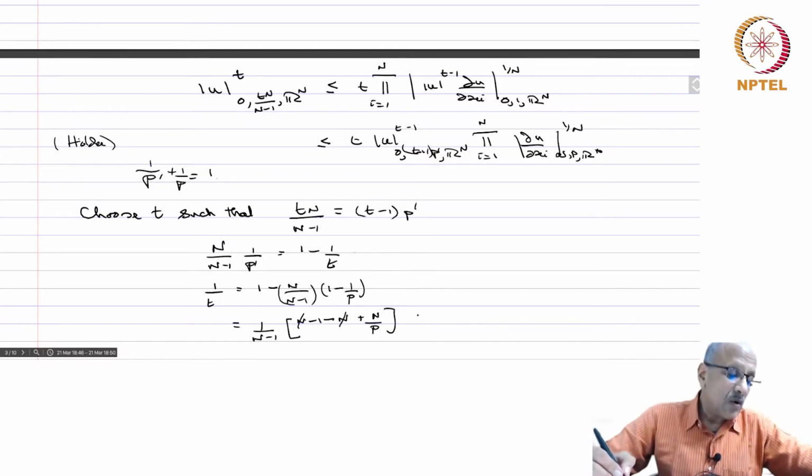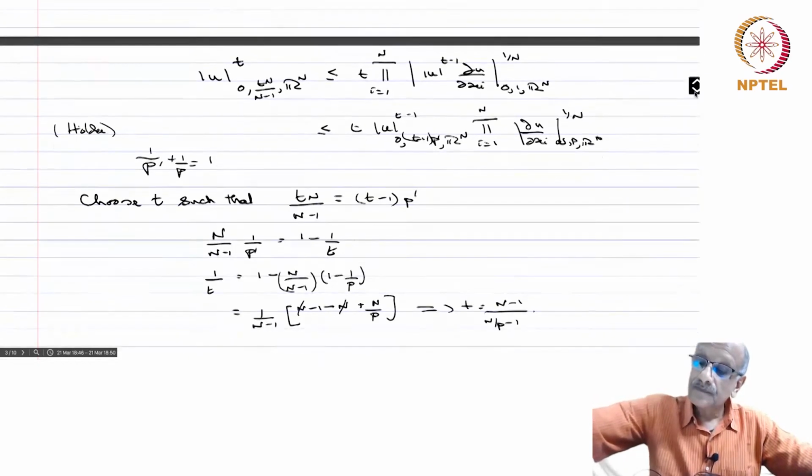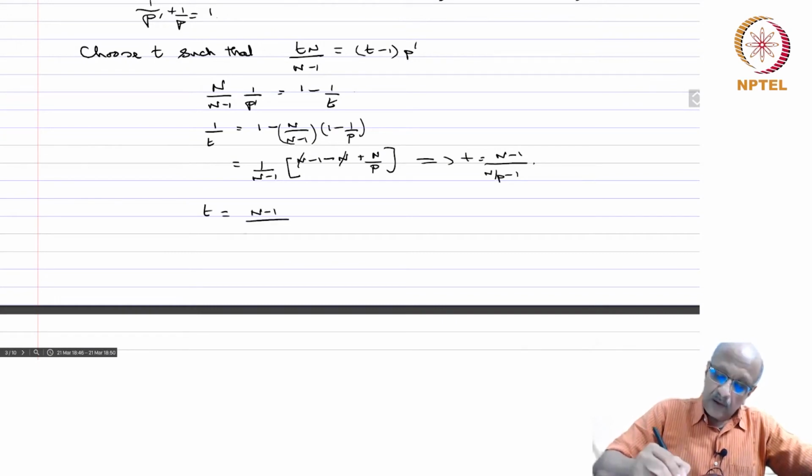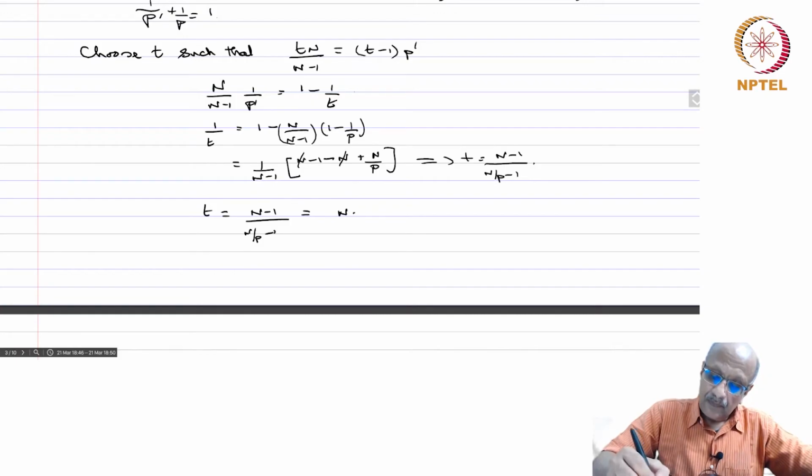Okay. So this will imply that t is equal to (n minus 1) by (n by p minus 1). So t is equal to (n minus 1) by (n by p minus 1), which is equal to (n minus 1) by n, I pull out the n, then 1 by p minus 1 by n is 1 by p star, and that is in the denominator.